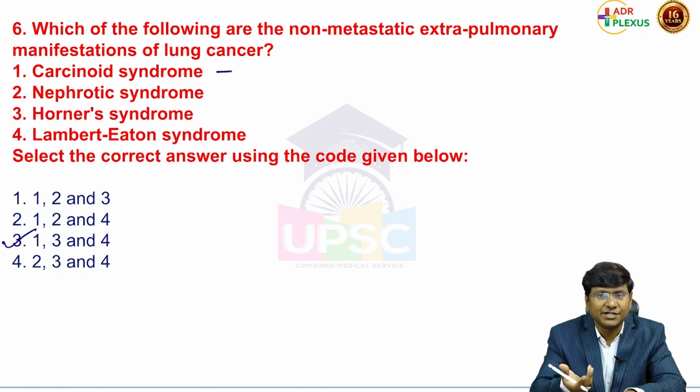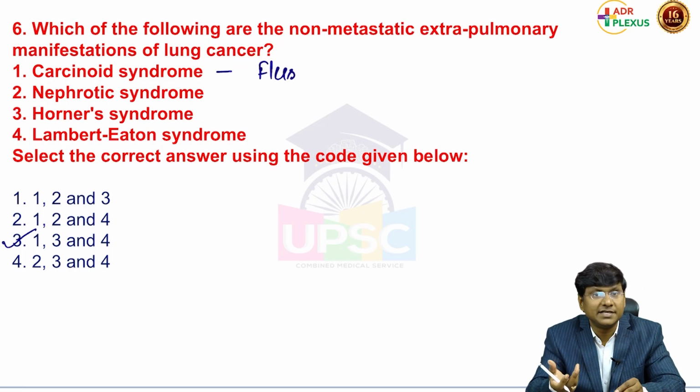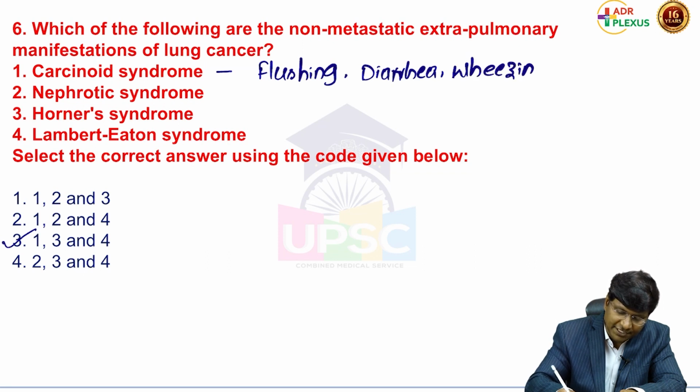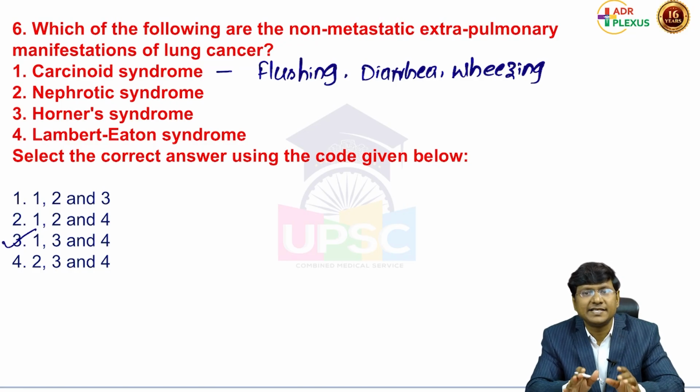The characteristic features include the release of serotonin metabolites or products. The clinical manifestations include flushing, diarrhea, and wheezing. These are due to the release of serotonin and other substances, right? It can be an extrapulmonary manifestation, but it is more specific to the carcinoid tumor rather than general lung cancer.